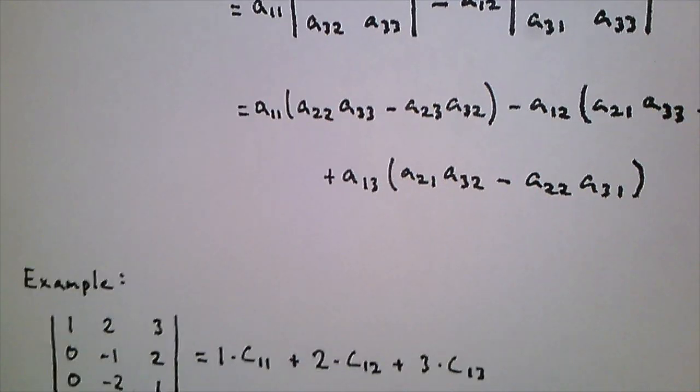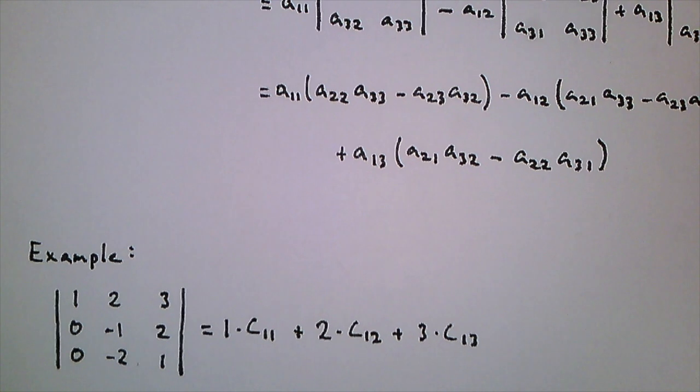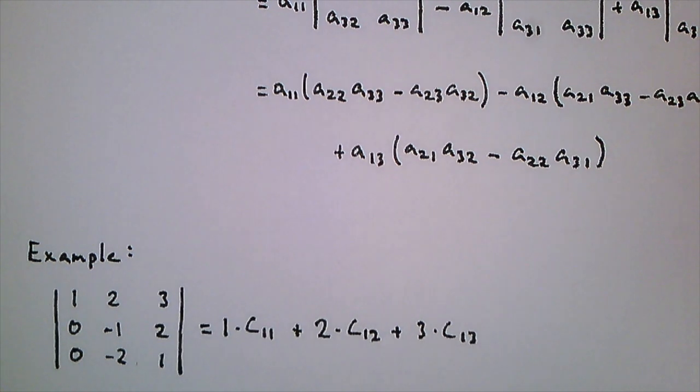Let's see if we can do an example now of a 3 by 3 determinant. So we take the products of the elements of the first row with their cofactors. So we have 1 times C11 plus 2 times C12 plus 3 times C13.